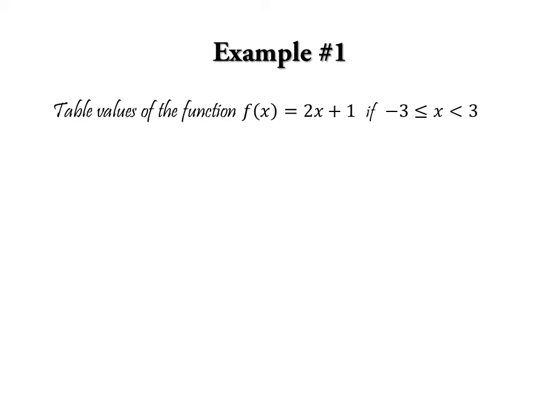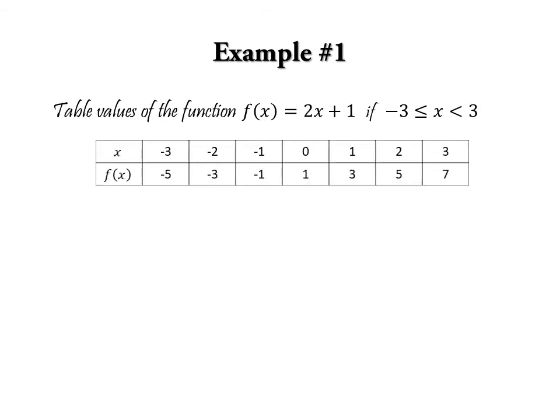So table of values for the function 2x plus 1. We're given our x's: minus 3, minus 2, minus 1, 0, 1, 2, and 3. Those values are taken from the limitation above, where it says x is greater than or equal to minus 3 but less than 3. Then again, if you're going to put x equal to minus 3, the value of your function is minus 5.